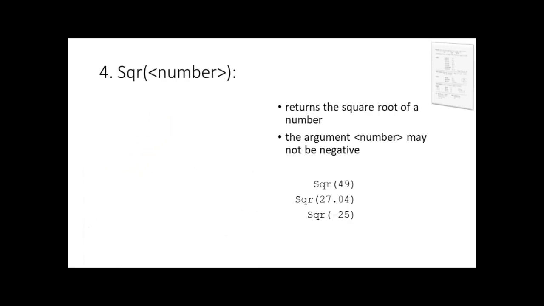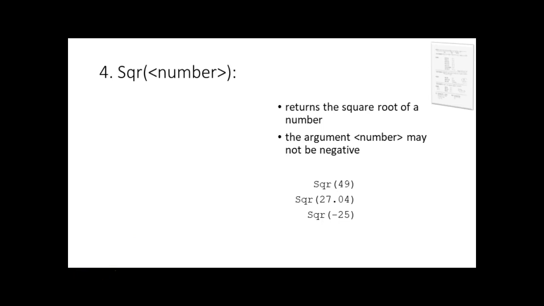The fourth one, finding the square root of a number. Quite straightforward. Sqr of a number returns the square root of a number. There is only one restriction. You can't have a negative number because you can't take the square root of a negative number. We have 3 examples.